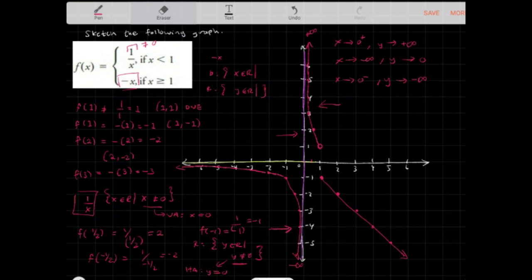So we want to include that, but x has to be greater than or equal to 1. But here we have our restriction for our reciprocal, but we also have an interval for a reciprocal. So we have to be very careful when looking at the domain and range of the function, right? It's very important to understand each of the individual domains and ranges of the functions that make up the piecewise function.